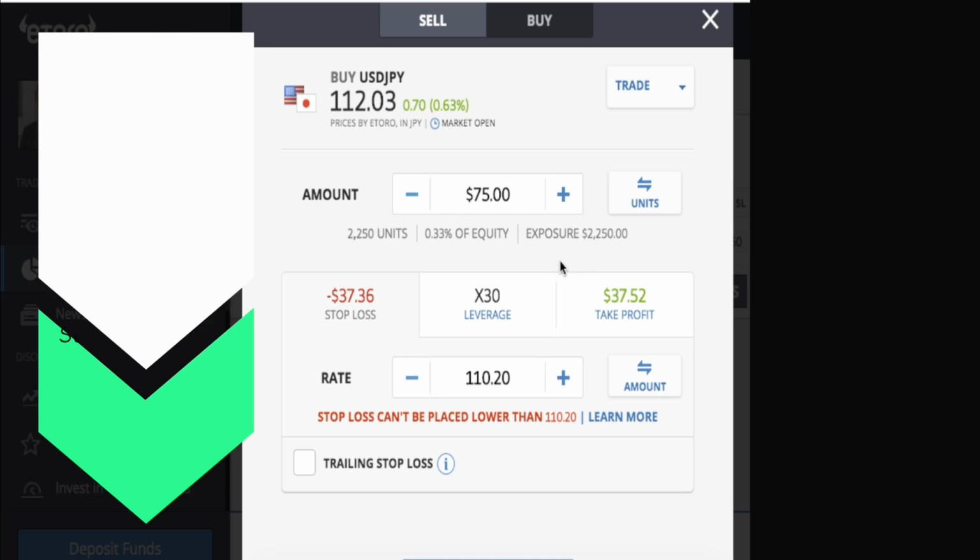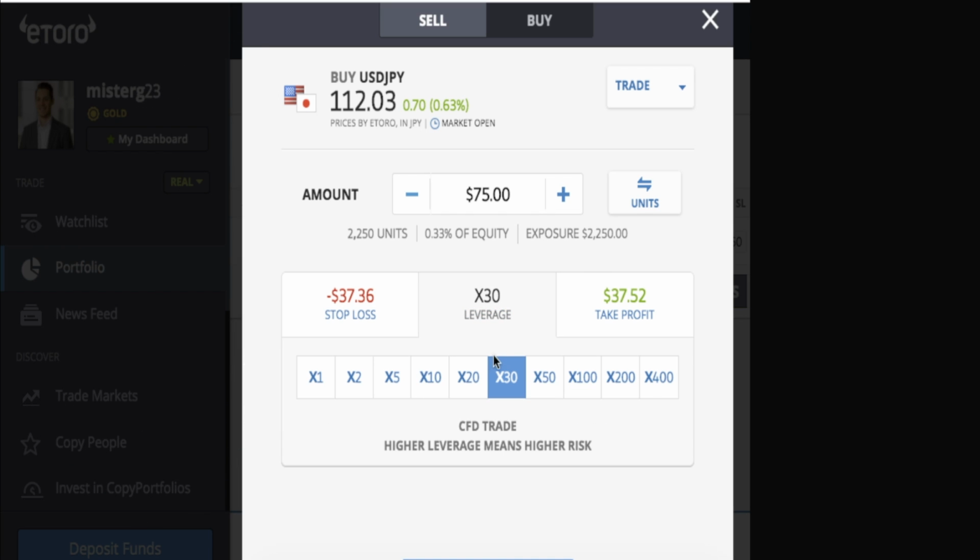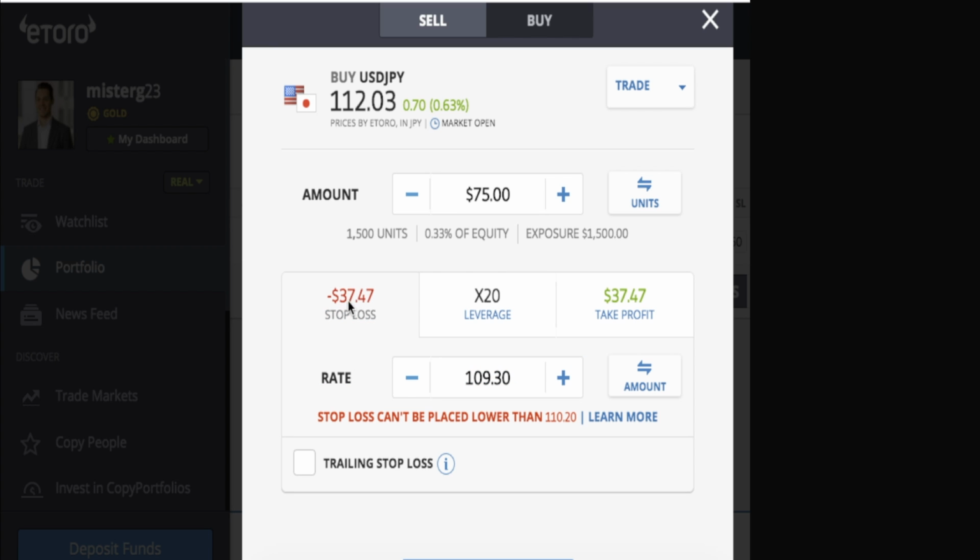So if we reduce the leverage to 20, you'll see your exposure go down from 2,250 to 1,500. And now your same loss has moved from occurring at 110 something to 109.3. So now we can actually set it to our desired 109.5. And you can see this would be the amount.